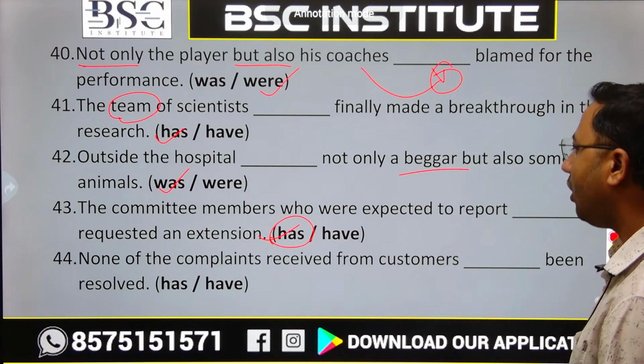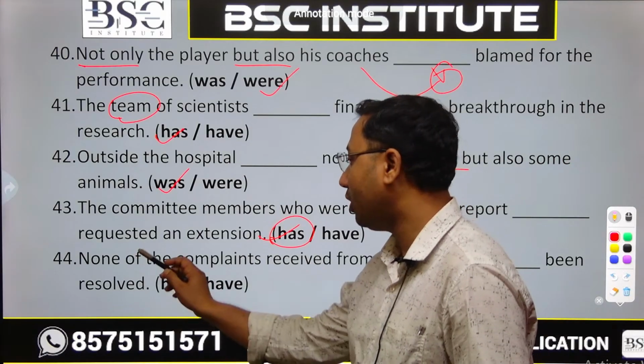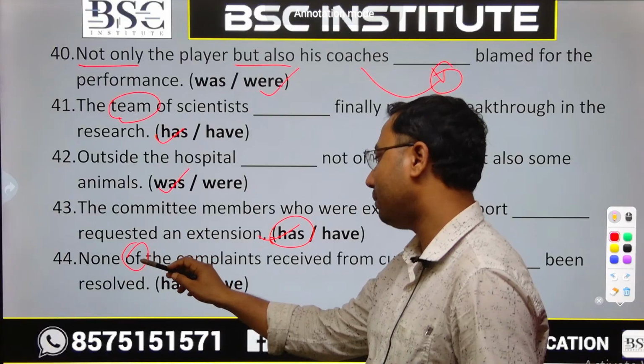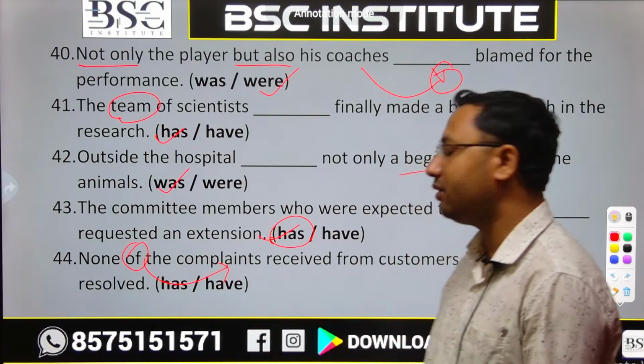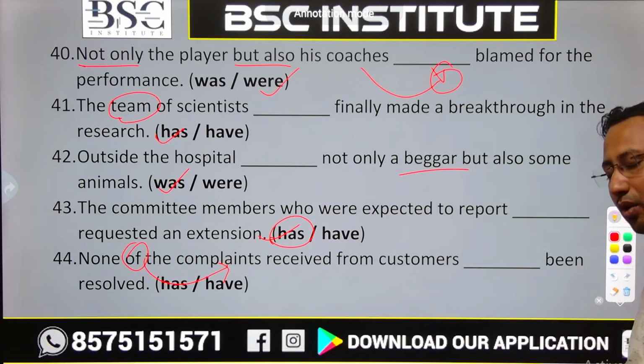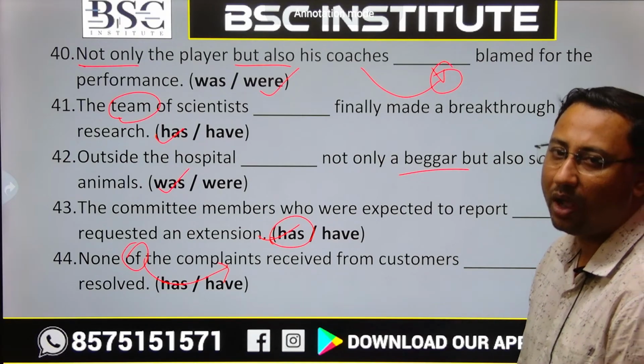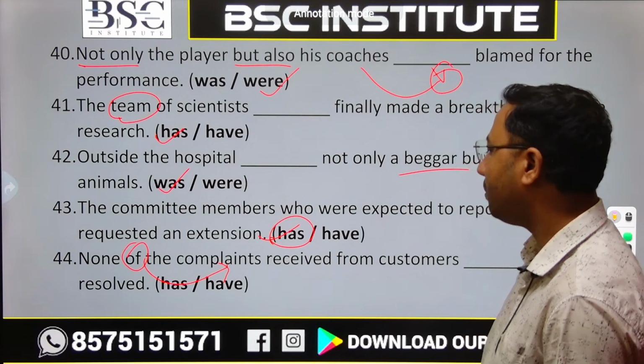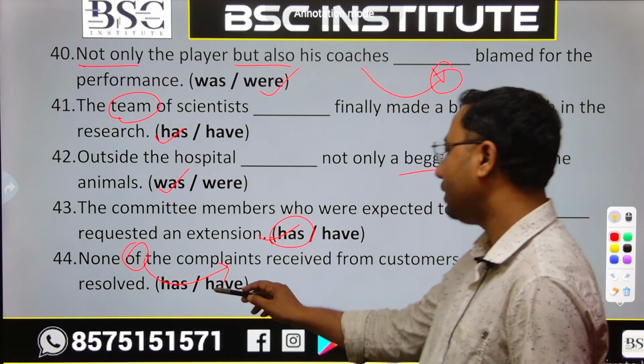None of the complaints. Earlier it was just none; now none is followed by of, so what did we learn? If none is followed by of, I have to check the subject: if it is singular then I'll use a singular verb, if plural then a plural verb, S1 B1 P1 S2 B2 P2. After of comes complaints, plural, so I have to use have.